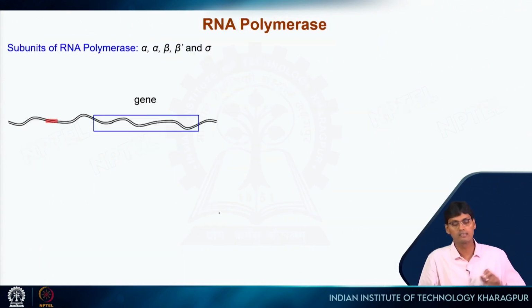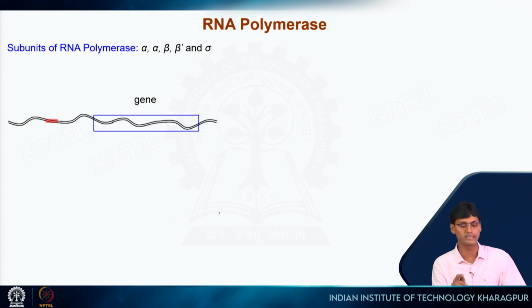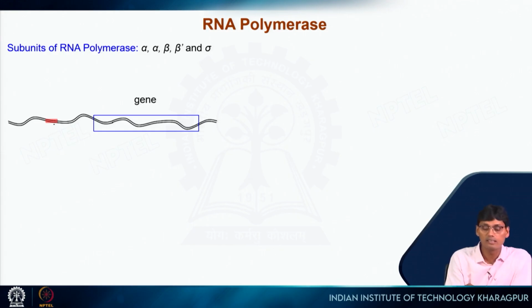The next thing I want to discuss is RNA polymerase. I just mentioned that the promoter sequence invites RNA polymerase to the site of the gene, just at the starting point of the gene. So as you can see, this is the promoter sequence, and here is the RNA polymerase.